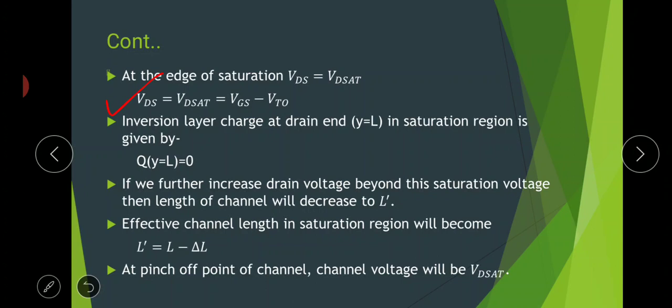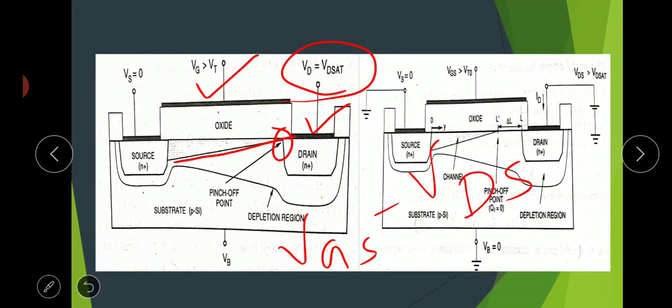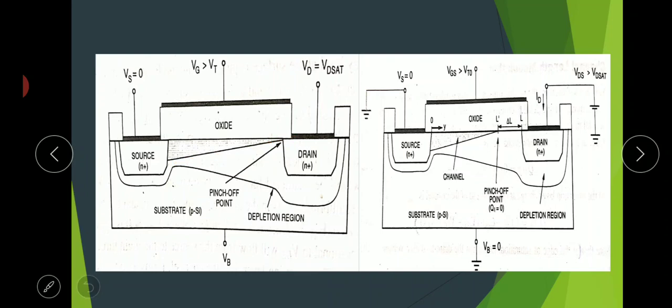Then the inversion layer charge at the drain end, y equal to L, in the saturation region is given by Q of y equal to L equal to 0. Here, as the channel touches the surface, at this point there is no channel present near the drain surface.